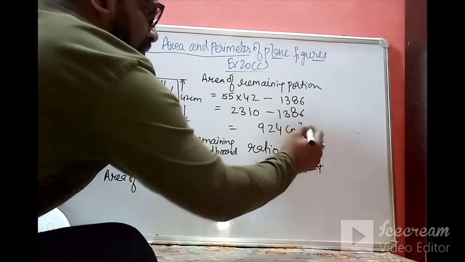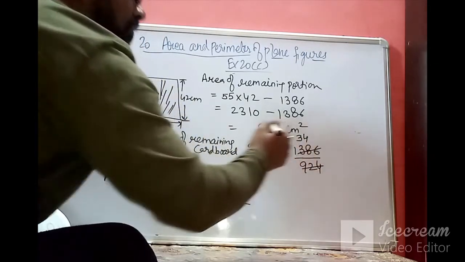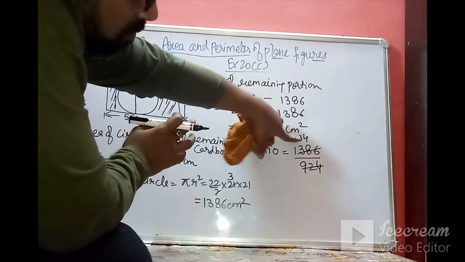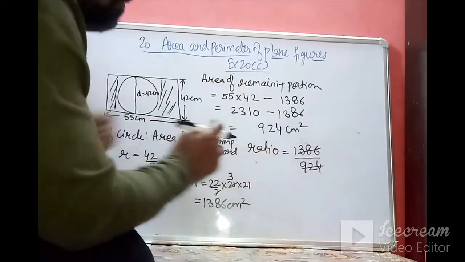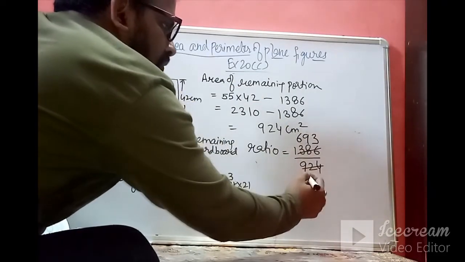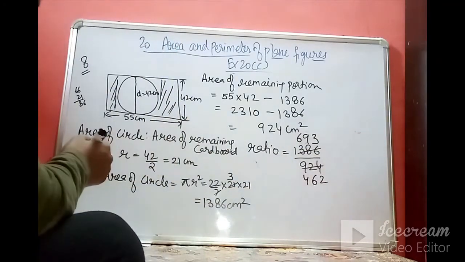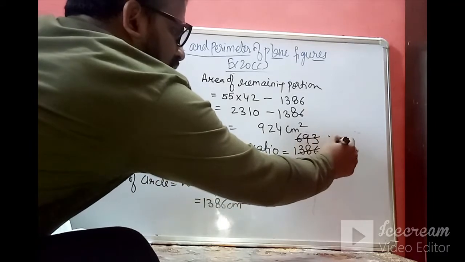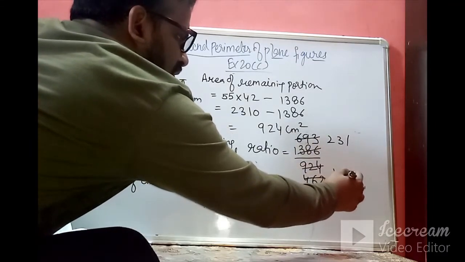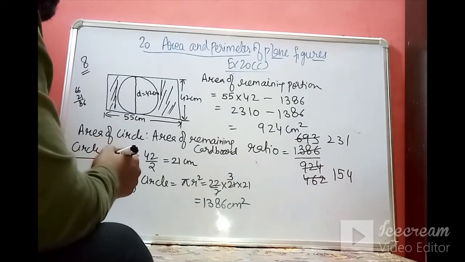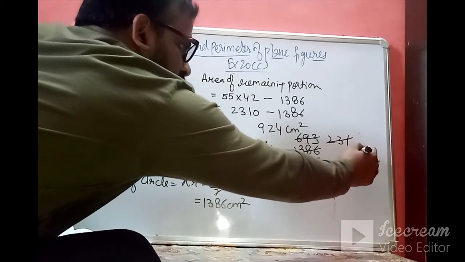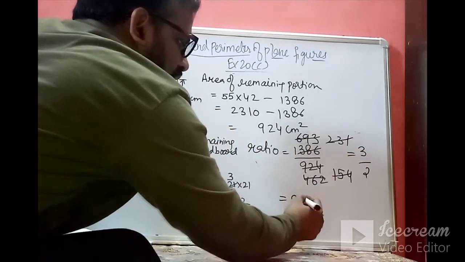So three twos are 6, 3 3s are 9, 3 1s are 3, 3 1s are 3, 3 5s are 15, 3 4s are 12, and it will be 3 upon 2, that is 3 is to 2.